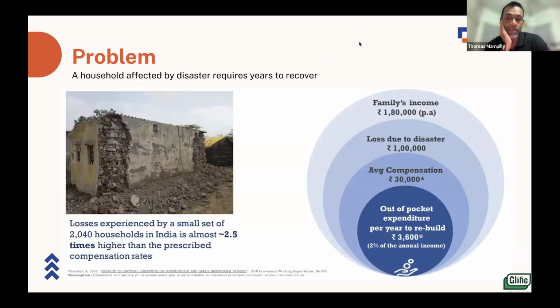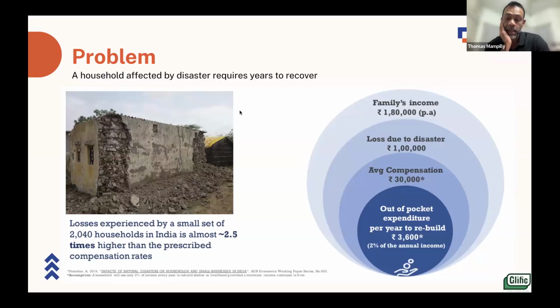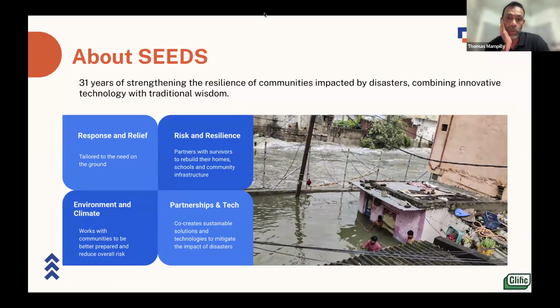So they embed themselves within these communities and then work hard on the response and required relief. They also work on the resilience of these communities long term, but again, partnering with the survivors of disaster to understand what long-term resilience looks like to them, right?